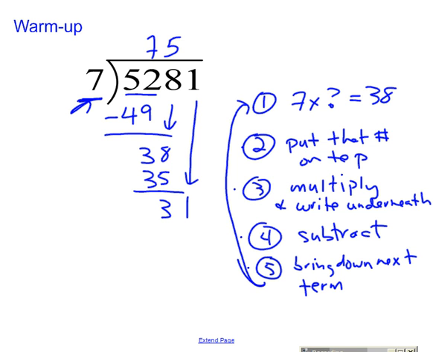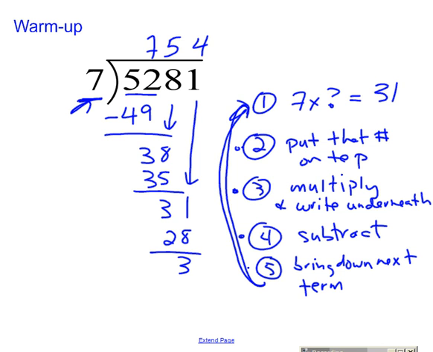And now I'm back up again to the top, only now I'm doing 7 times what equals 31. And in this case, my answer is 4. So I put that at top. I multiply 4 times 7, get 28. Write it underneath. Subtract. And then I bring down the next term.